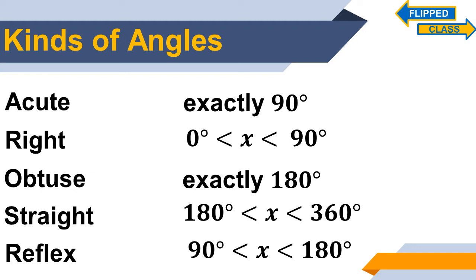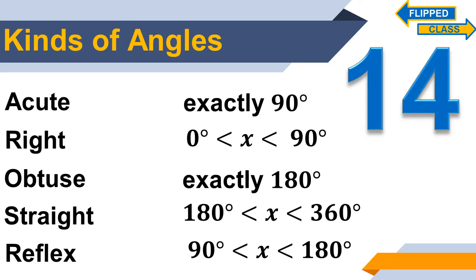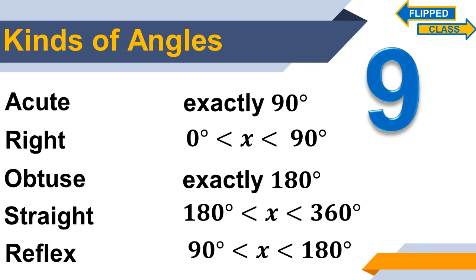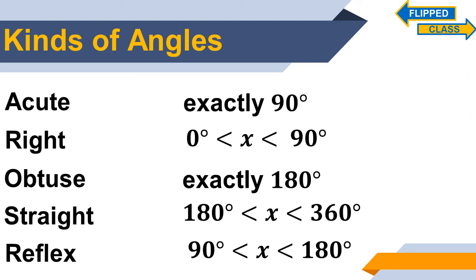In 20 seconds, I want you to determine what the correct measurements of each kind of angle here are. 20 seconds starts now. Time is up. Let's match these things, right?